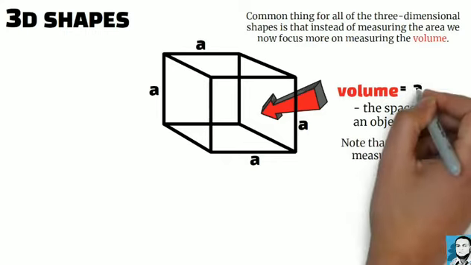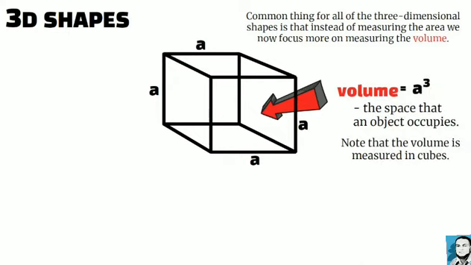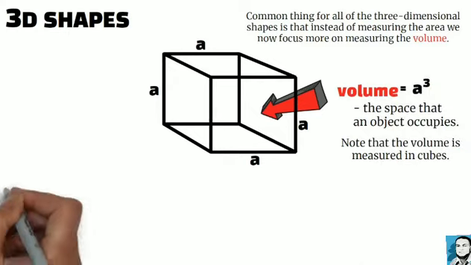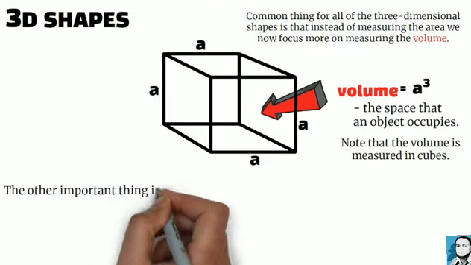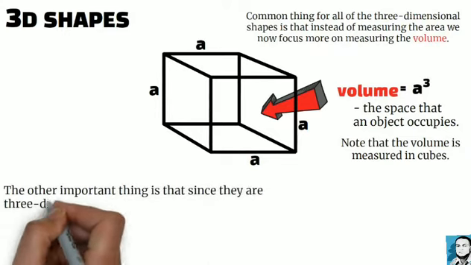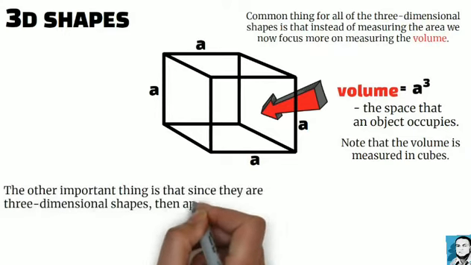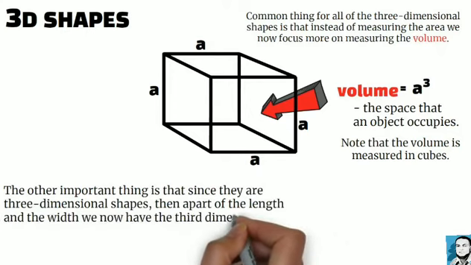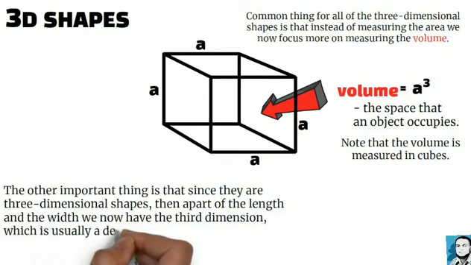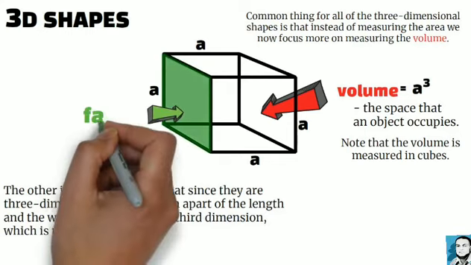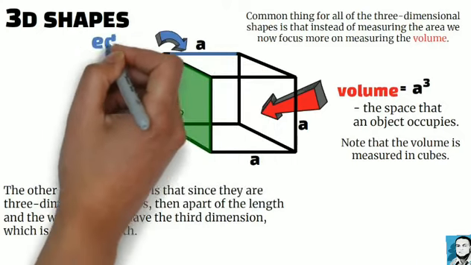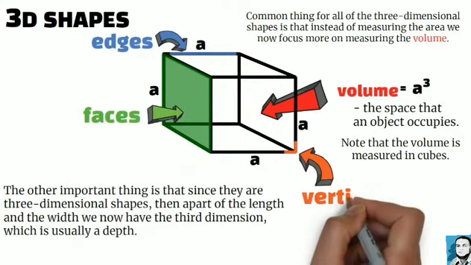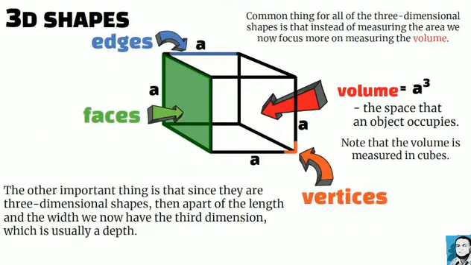In this case, it equals a cubed. The other important thing is that since they are three-dimensional shapes, then apart from the length and the width, we now have the third dimension, which is usually a depth. The other important terminology are the faces, edges, and the vertices.